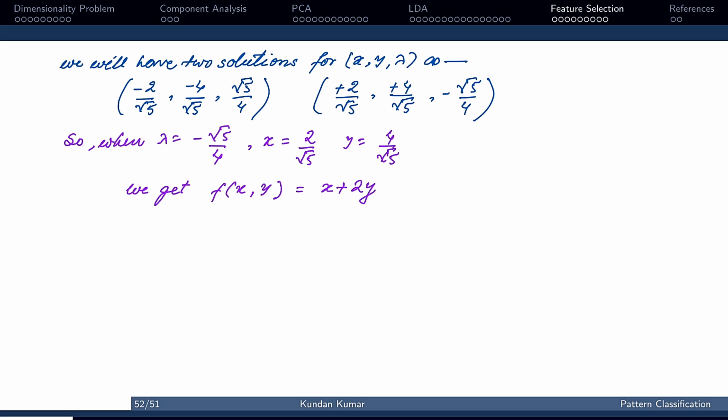This was our objective function, and for this value we will have 10 by root 5.